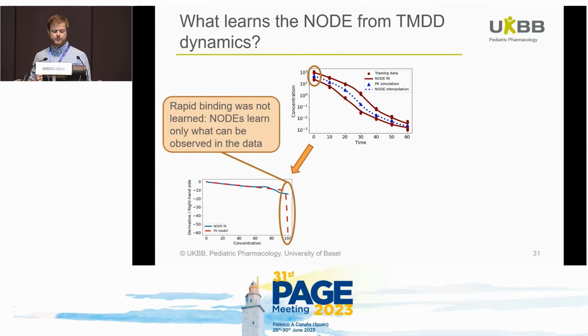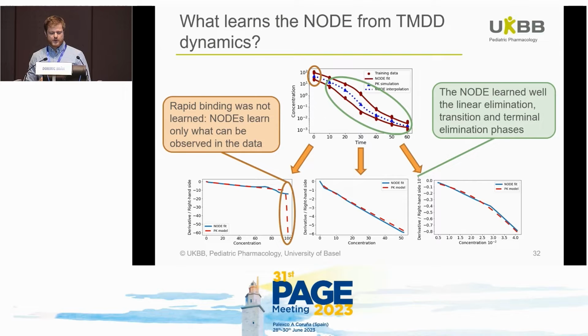And as the neural ODE is a data-driven approach, it cannot learn what it has not seen. But in the other parts, we have enough data, and it learned the linear elimination, the transition, and the terminal elimination phase quite well, even though it does not know anything about TMDD.